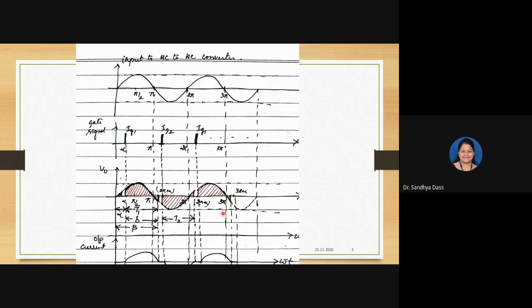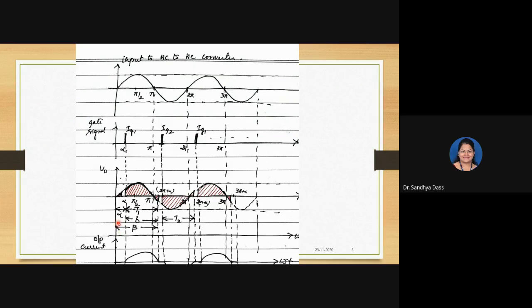All right. So there are different terms here that you have to pay attention to. Now this alpha is the firing angle or the delay angle, and beta is from 0 instant till when the thyristor is conducting. Say, for example, we'll take thyristor T1.